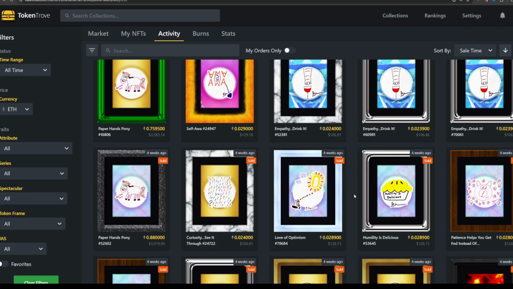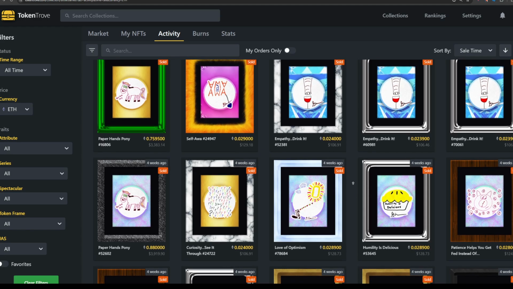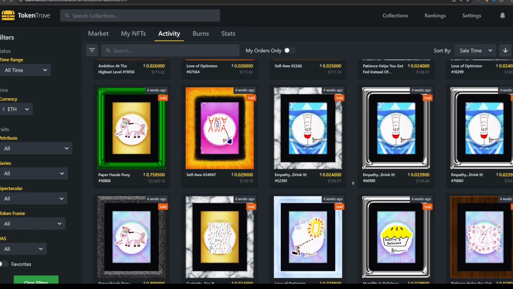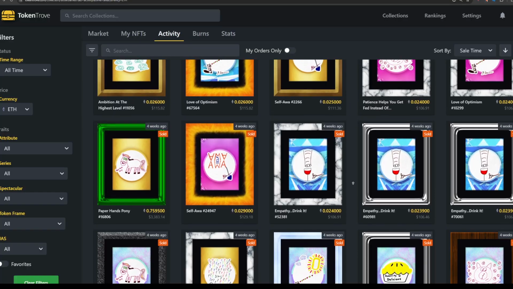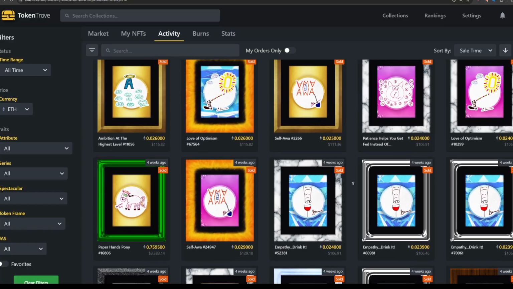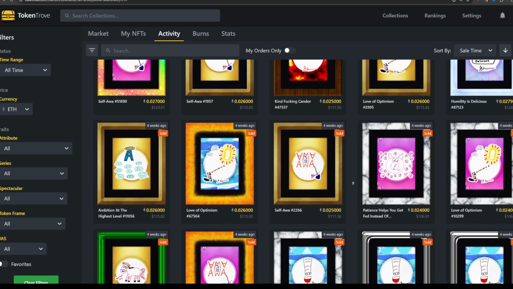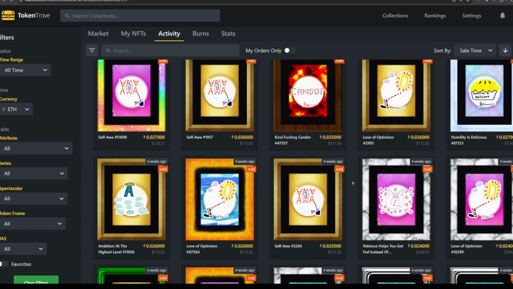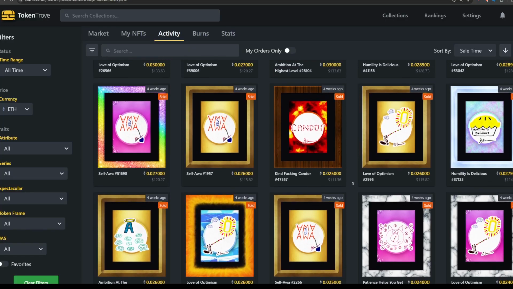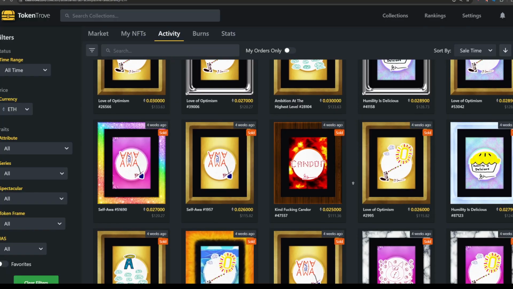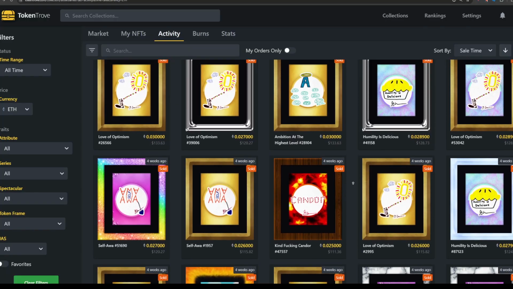Okay, so we're going to scroll and we're looking for value. We're looking for value and market capitulation. So these are moving for 100s. 0.26 ETH.